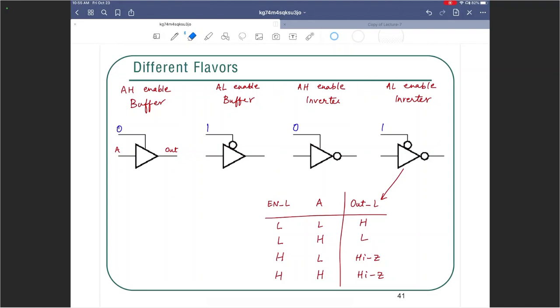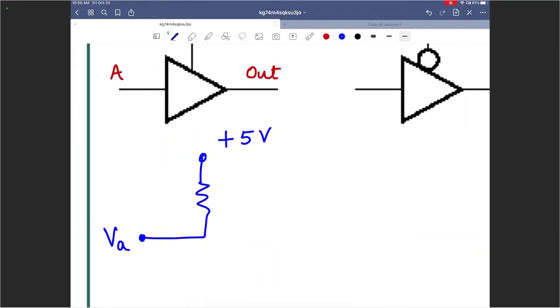Can you define high impedance? Suppose I take a wire from some point, and I'm calling that VA, voltage at that point, and I connect it to a plus 5 volts power supply using some resistor R. What is going to be VA?